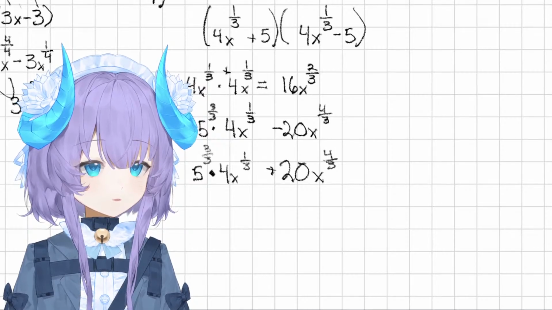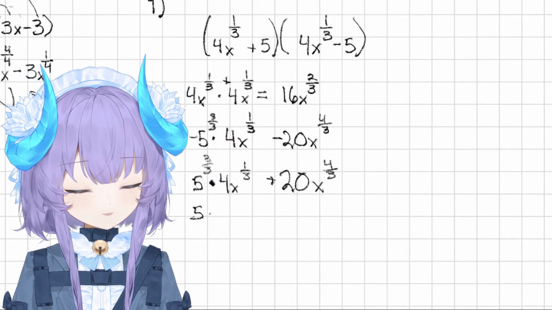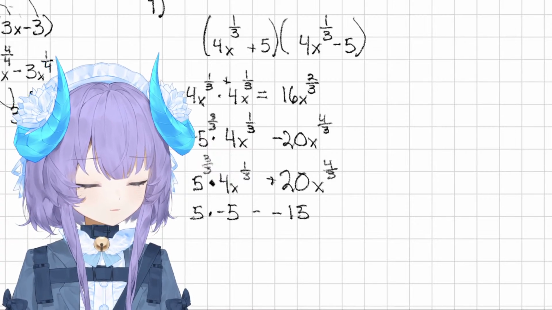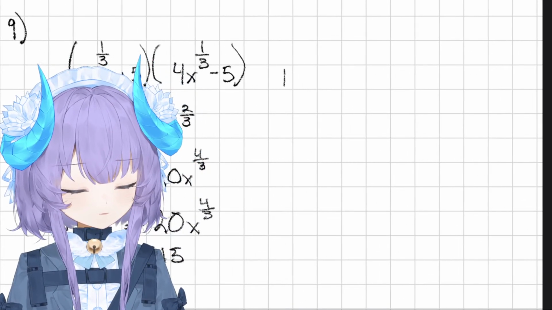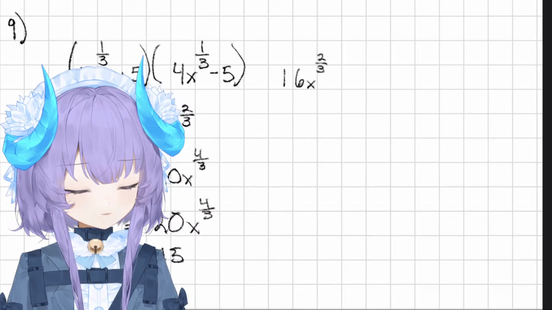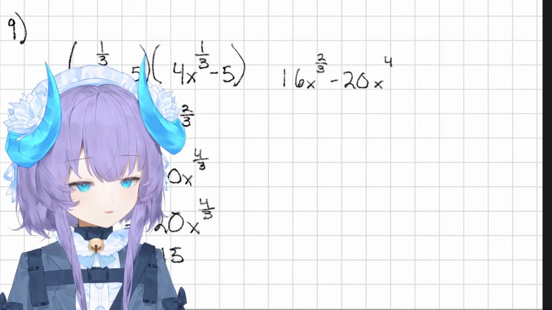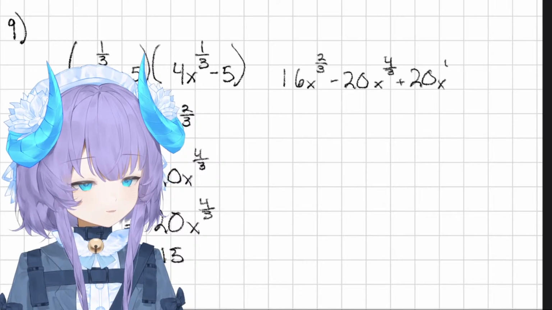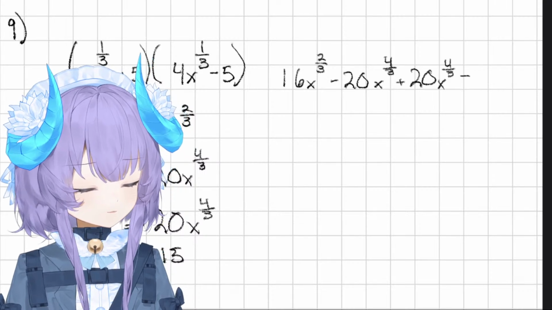And then we're going to get negative 15, because 5 times negative 5 is negative 15. So our new problem is now 16x to the 2/3 minus 20x to the 4/3 plus 20x to the 4/3 minus 15.